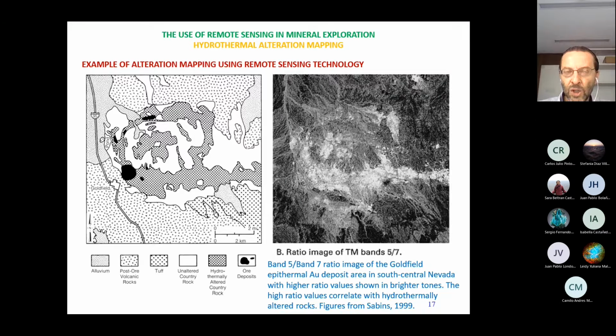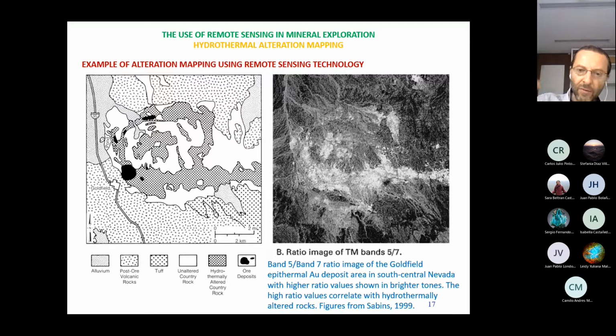So we have a genetic link. The porphyry deposits are formed at depth, let's say 10 kilometers, and these are shallow, could be 1 to 2 kilometers. And the idea is that the evolution of the same fluids would lead to the formation of these two systems, one above the other.